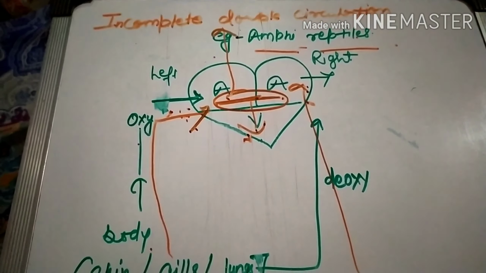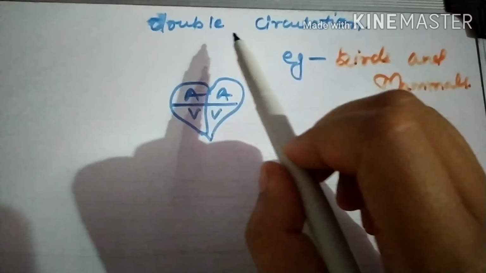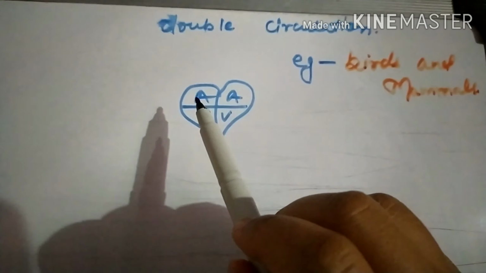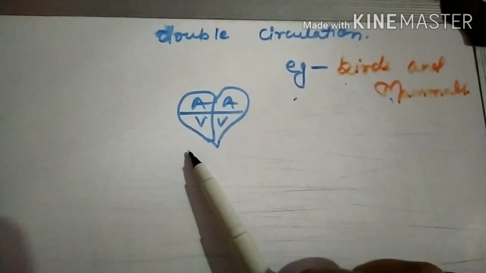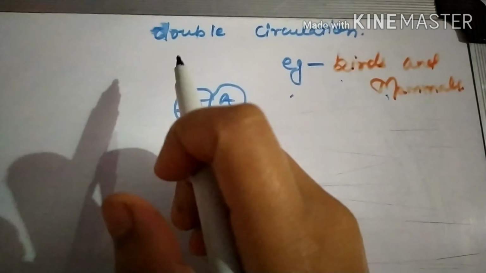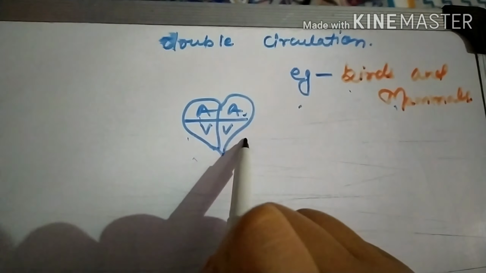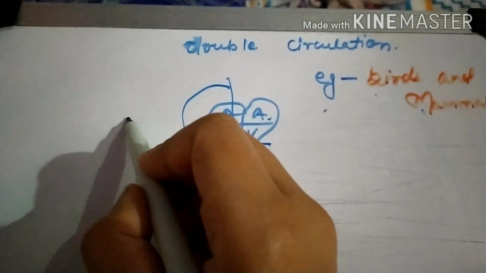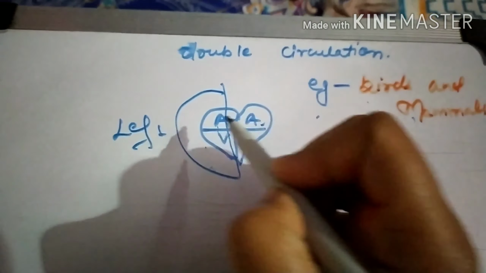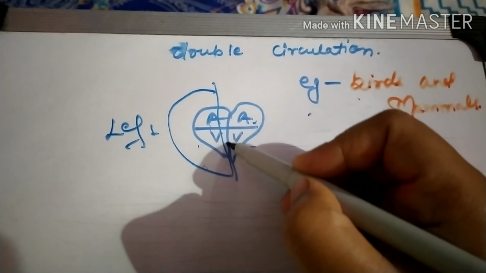It's time to know about the double circulatory system, which is found in birds and mammals. They possess a four chambered heart, with two auricles and two ventricles. The heart is divided into left and right parts.